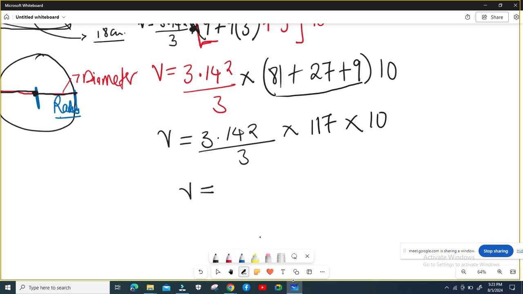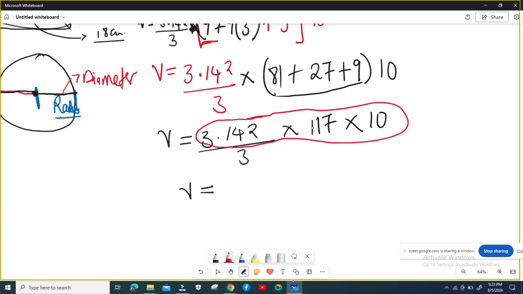For me, let's simplify what is on top here by multiplying: 3.142 times 117 times 10.